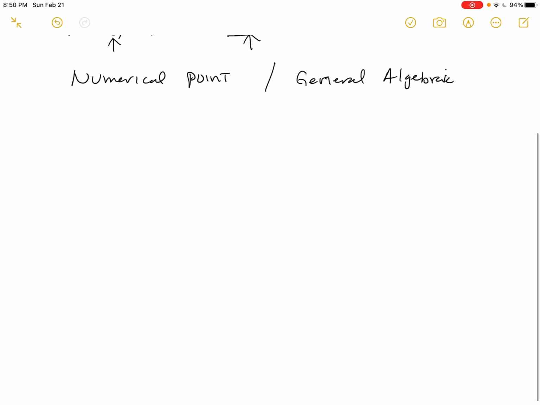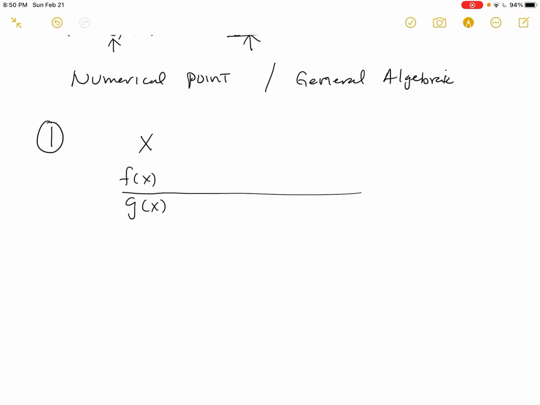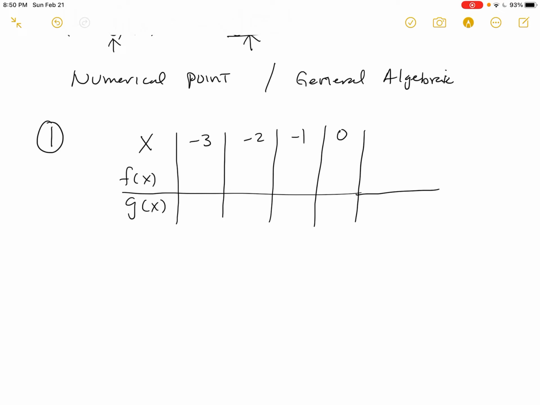One of the first examples in the homework could be the most confusing, but I don't think so. It's going to say, here's x, and here's f of x and g of x. They have this little grid, and we'll want to make sure that you understand the grid. So they'll have x is negative 3, negative 2, negative 1, 0, and then 1, 2, and 3.